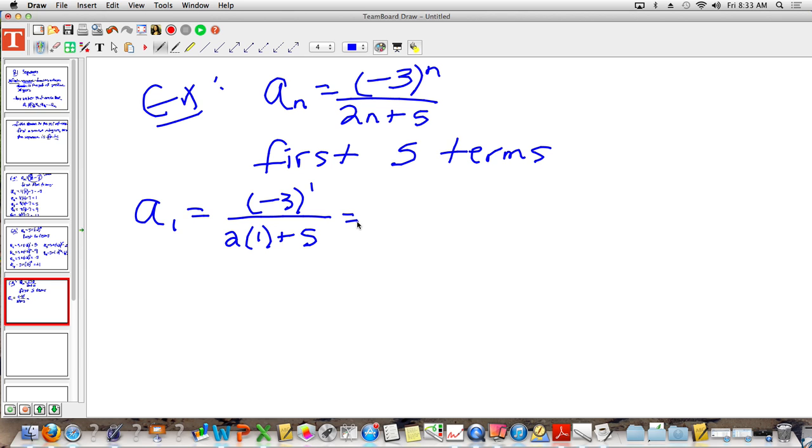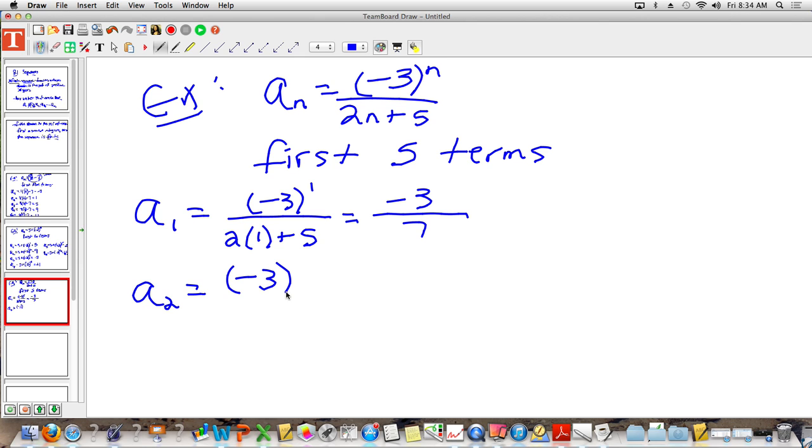What is negative 3 to the first power? Negative 3. So you're going to have a negative 3 on the top, divided by, on the bottom, 2 times 1, which is 2, plus 5, which is 7. So we have negative 3 sevenths. Second term: you're going to have negative 3.